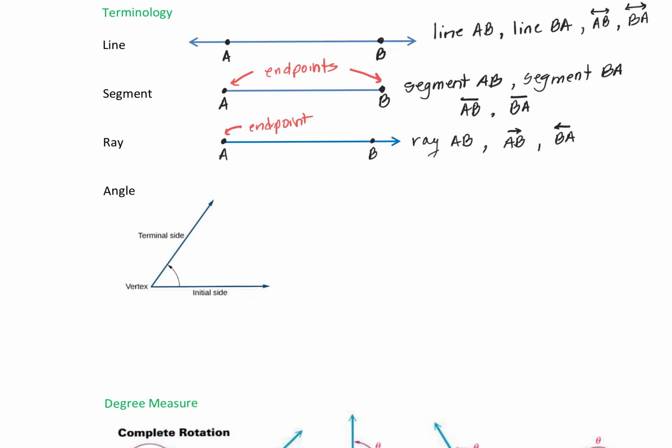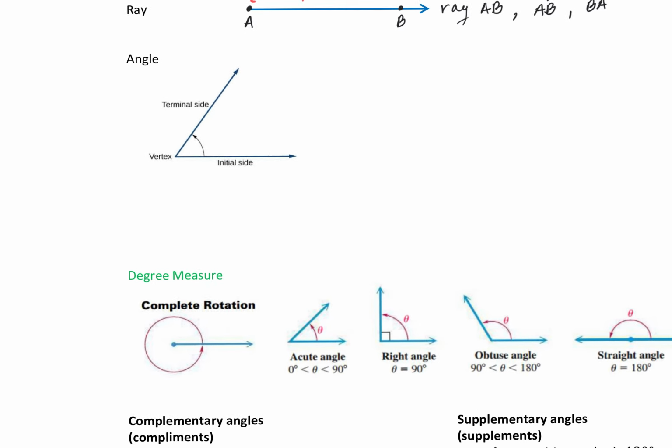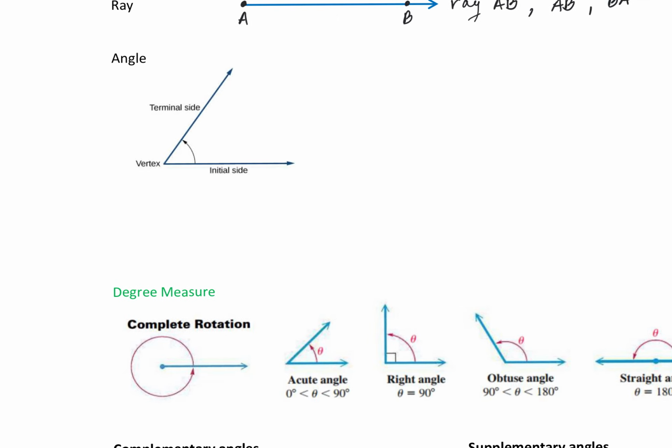With two rays, we can create angles. When we talk about the vocabulary of angles, we have an initial side. So that's where we start. That's our starting ray. And we go in some direction. In this diagram, we're going up and around or counterclockwise.